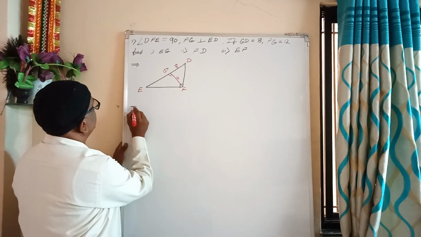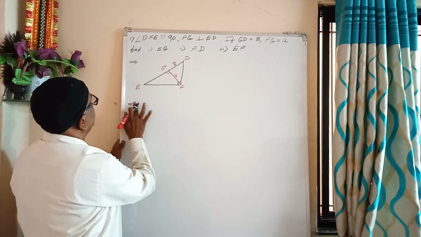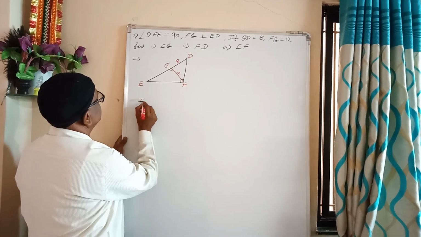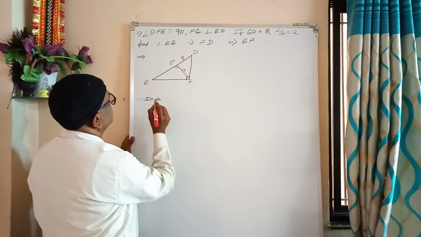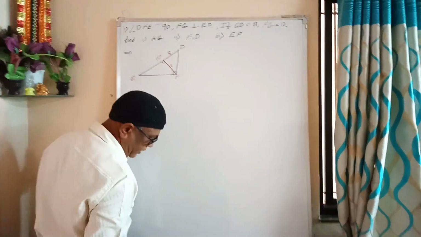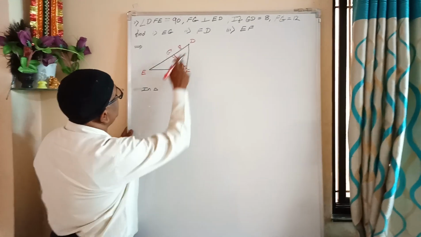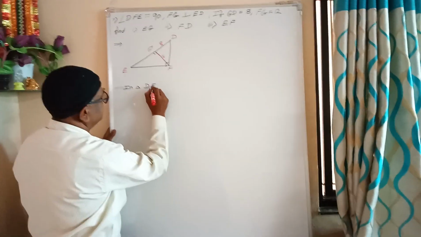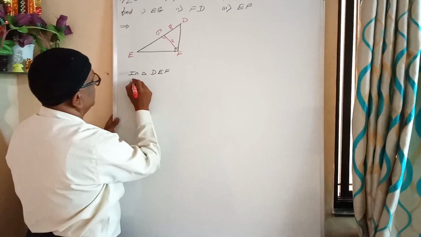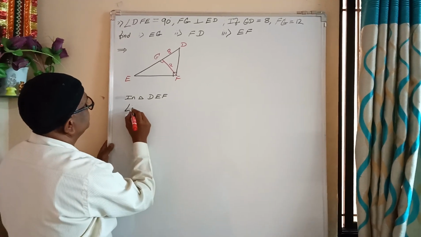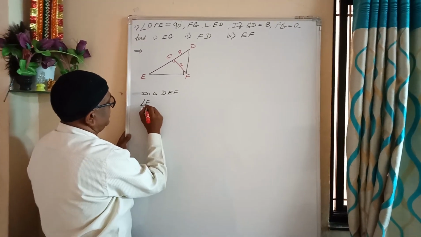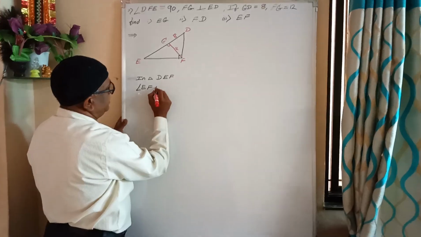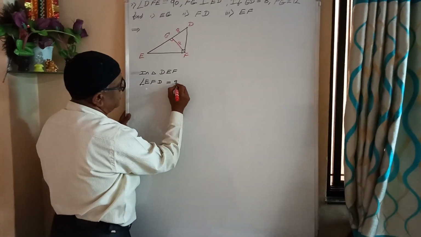So now in triangle DEF, angle EFD is equal to 90 degrees.